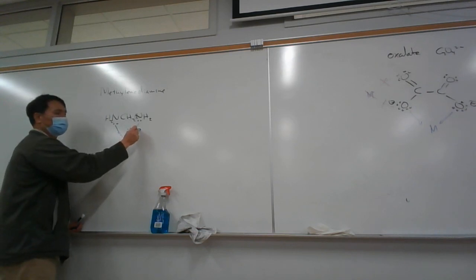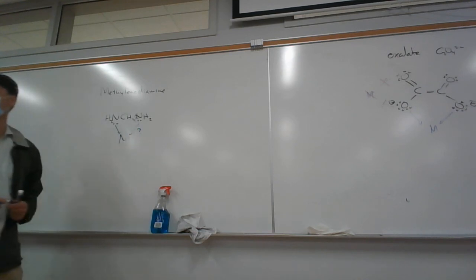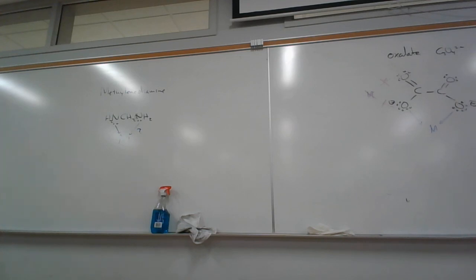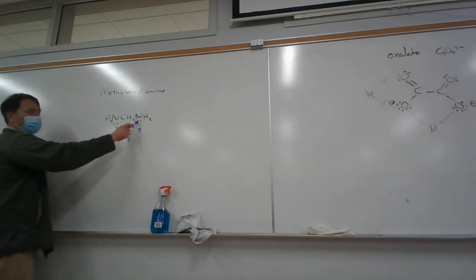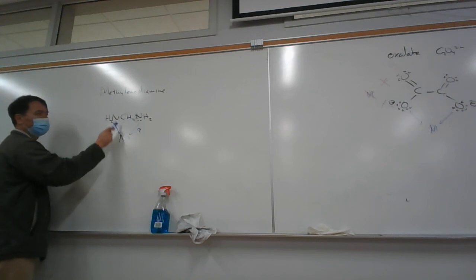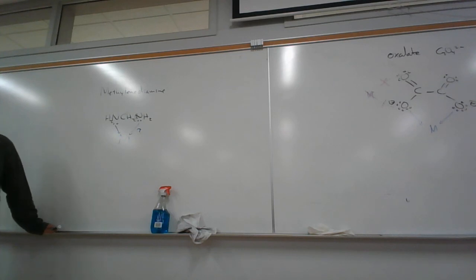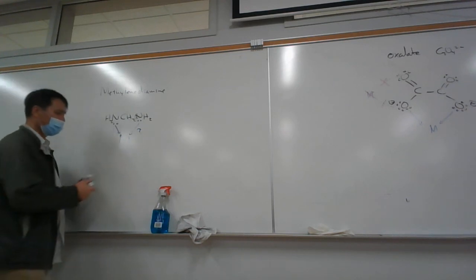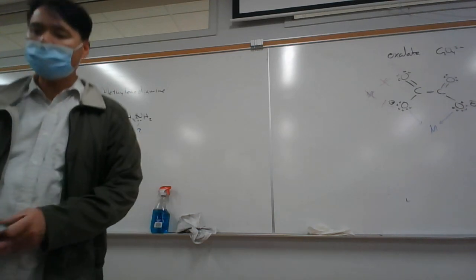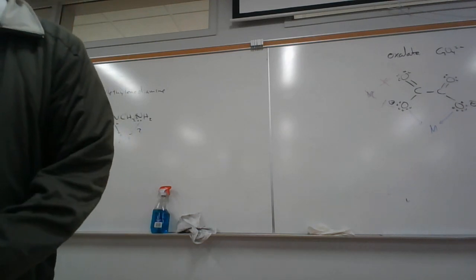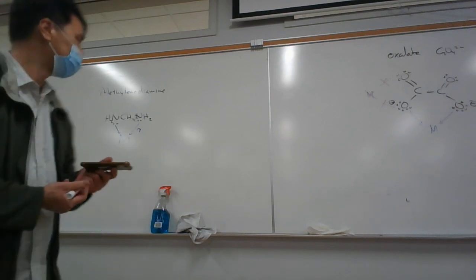No. And that's correct, no. And the answer is? Yeah, because it would form a 4-membered ring. If the second one bound here, we'd have metal, nitrogen, carbon, nitrogen, metal. It's a 4-membered ring, highly strained. And so it wouldn't be stable. So the answer here is this is not bidentate. This would be monodentate.